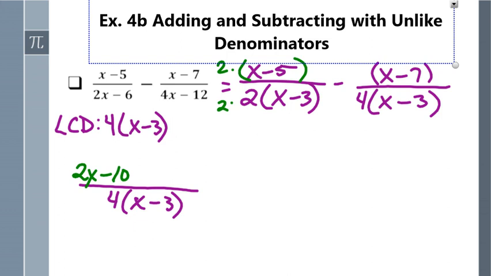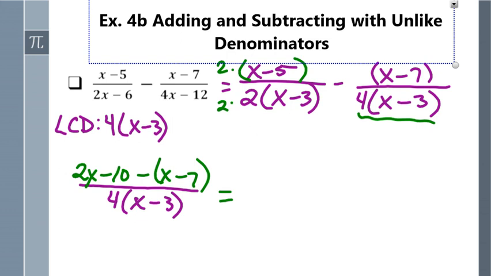And then I'm going to be subtracting from here this denominator. This denominator is the same as my least common denominator. So I'm going to subtract an x minus 7. And remember, because I'm subtracting this whole parentheses, that changes all of the signs in the parentheses.